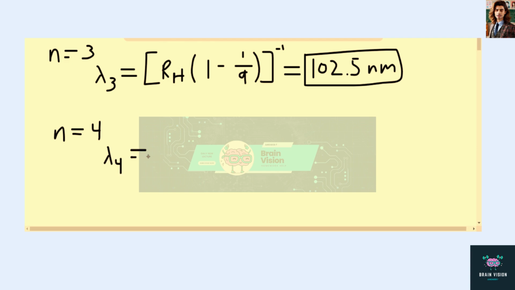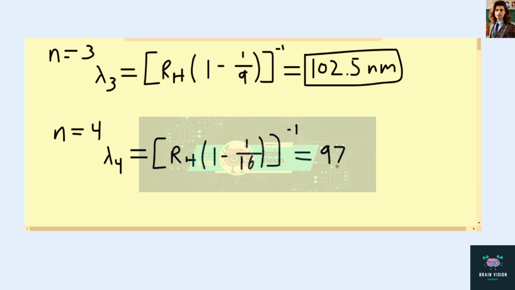This is equal to, same equation, the Rydberg constant times 1 minus 1 over n squared, except this time n is equal to 4, so this is times 1 minus 1 over 16, and all this gets raised to the -1. Carrying out this calculation, we find that this is equal to 97.2 times 10 to the -9 meters, or 97.2 nanometers.